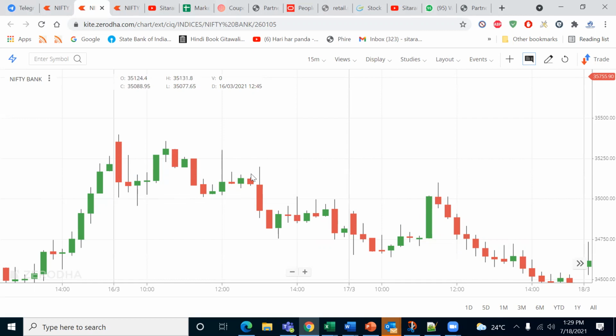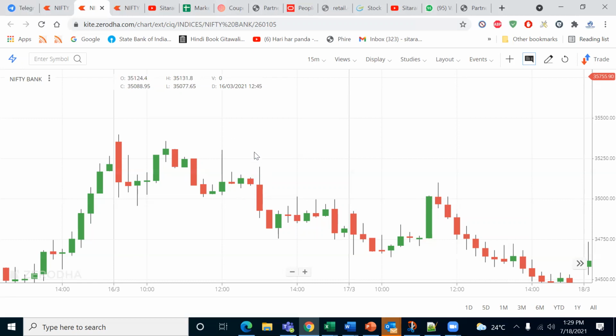Now the market has gone down. The market made a low in this candle, and suddenly with a spike, the market went up. So the call stop loss was hit here, and when the market came down, we re-entered our calls again.